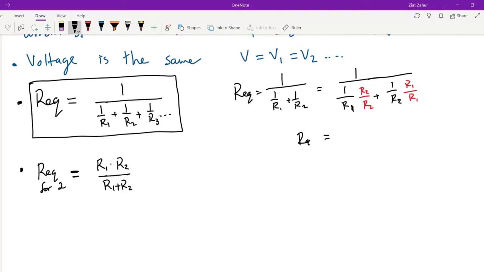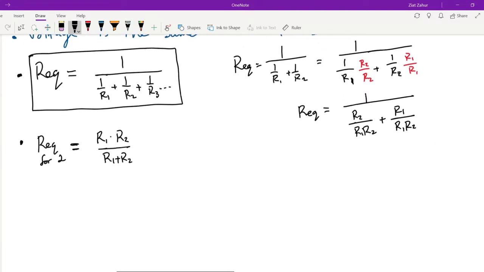So we have rec over here. We have 1 over 1 times R2 is R2 over R1 times R2 plus 1 times R1 is R1 over the product. Okay, add them up.